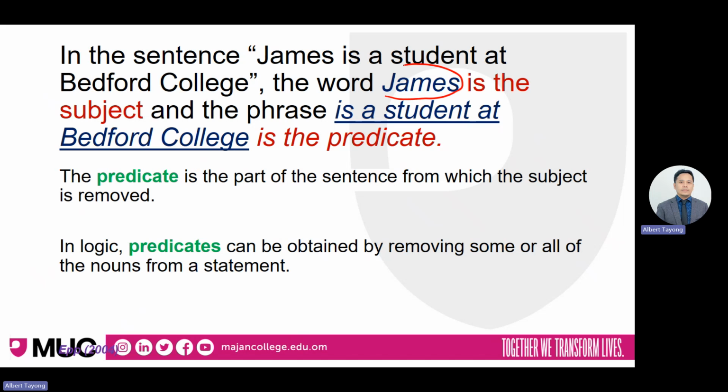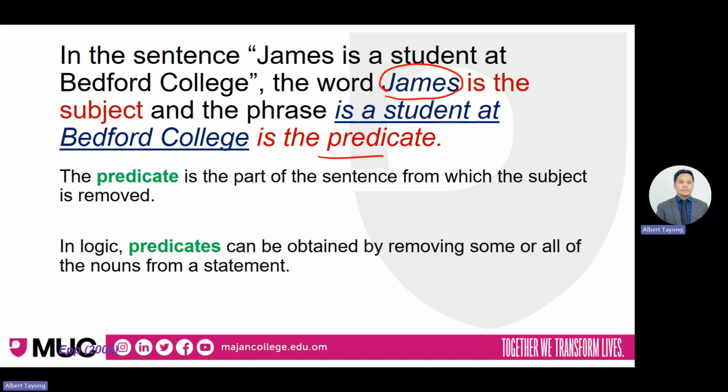James is our subject, and the phrase is a student at Bedford College is the predicate. It describes our subject James and gives information about it. So that is the meaning of predicate in English.